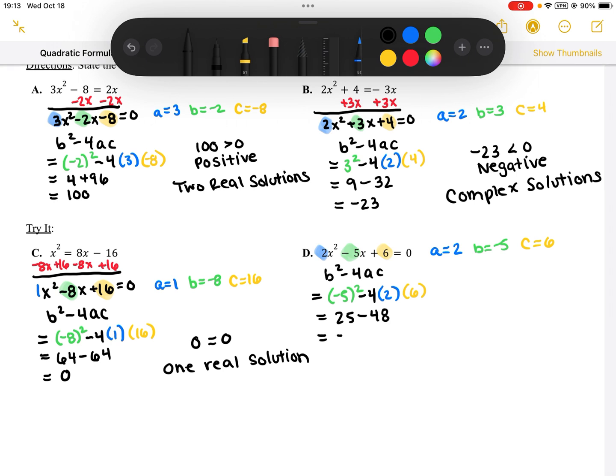And 25 minus 48 gives me negative 23. Negative 23 is less than 0, so it is a negative value, which means your solutions are going to be complex solutions.